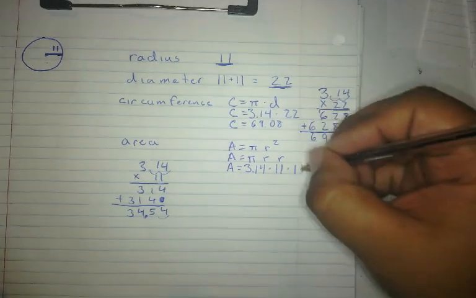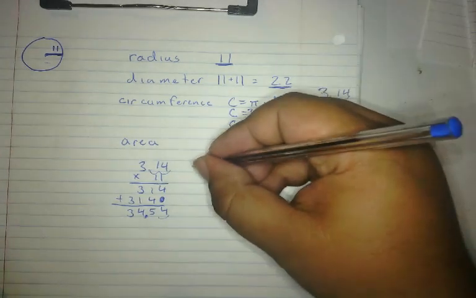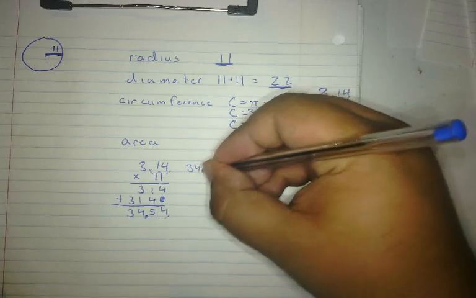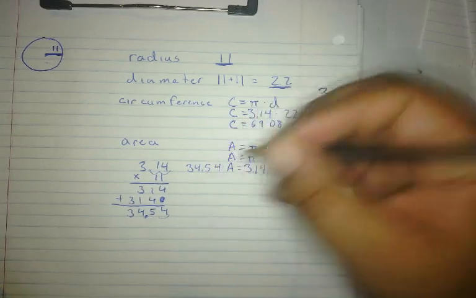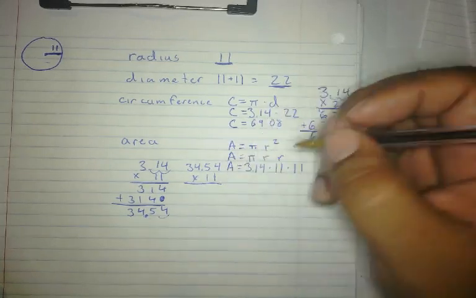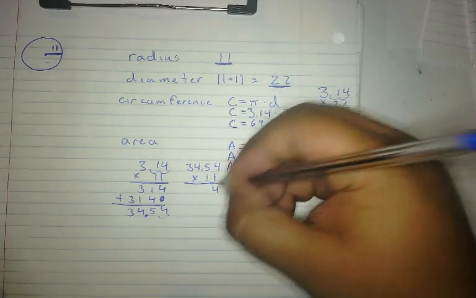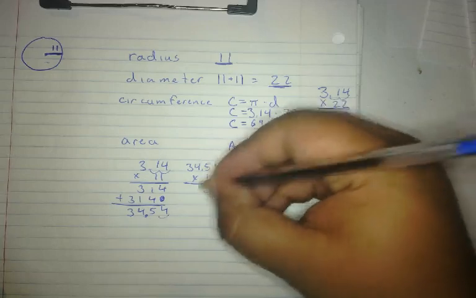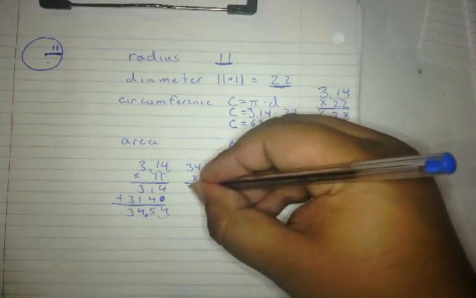We're going to multiply that last 11 that we have here. So 34 and our 54 hundredths times 11. So we're multiplying by 1. It makes it a little bit simpler. 1 times 4 is 4. 1 times 5 is 5. 1 times 4 is 4. 1 times 3 is 3.